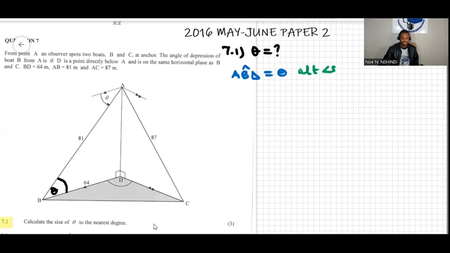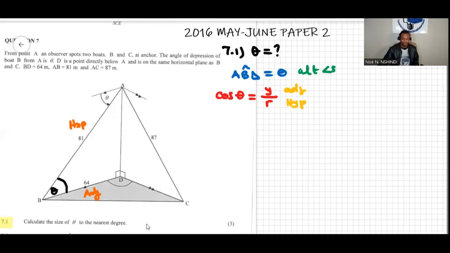So let's work out angle ABD, which is equal to theta. If I look at this angle here, we have the hypotenuse and we also have the adjacent side. Let's enter the values here. This is the hypotenuse, and this is the adjacent side. So cos of an angle is equal to adjacent over hypotenuse.